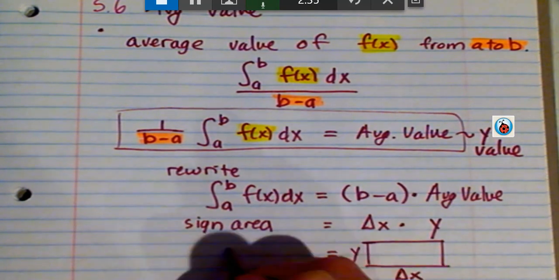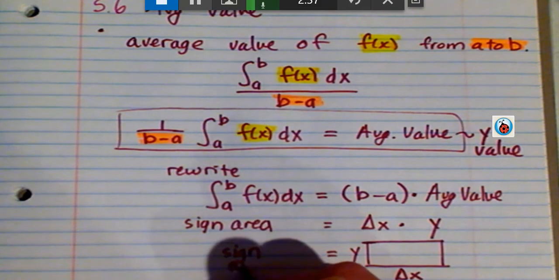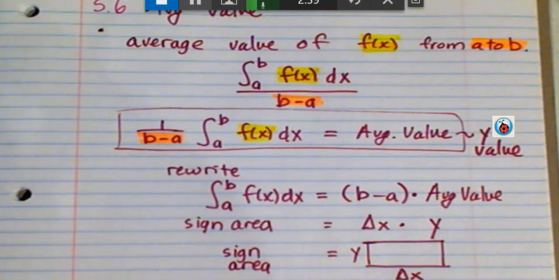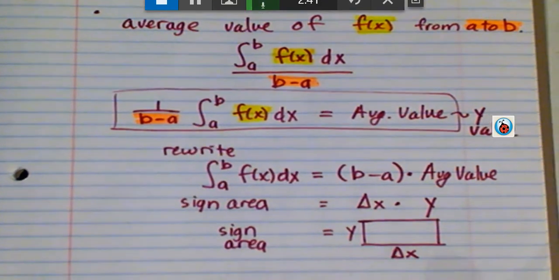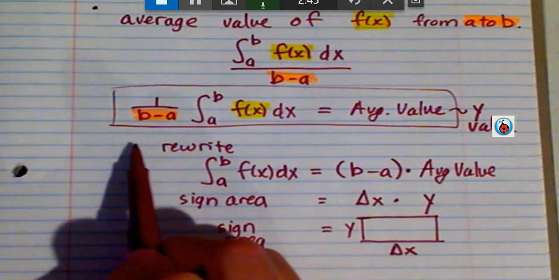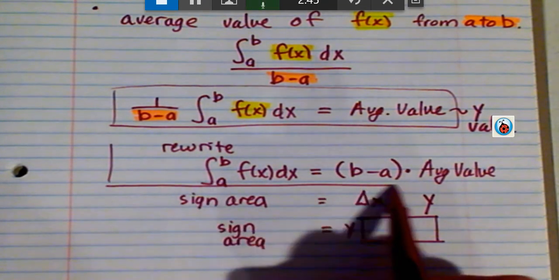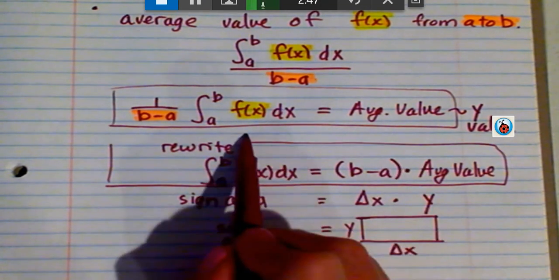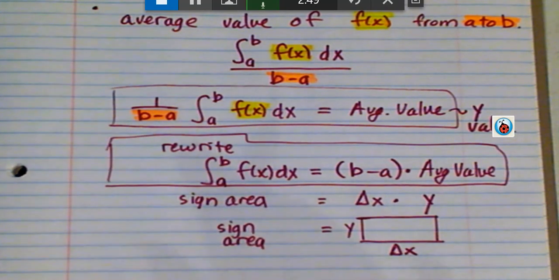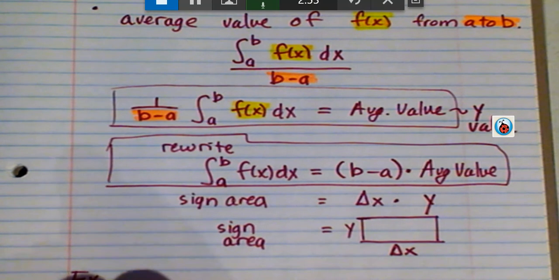And this is equal to the area under the curve. Now I'm saying sign area because the pluses and minuses still apply. So let's go ahead and do an example.